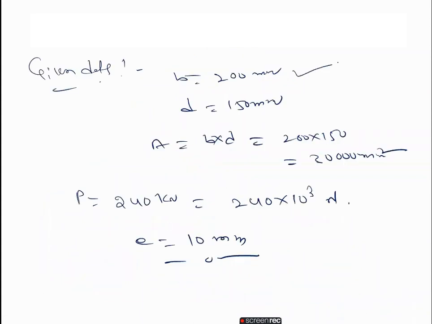The given data is B and D, from which we calculate the area, 30,000 mm square. We know the eccentric load P, 240 kilonewtons, converted into newtons as 240 into 10 cube. The E value is 10 mm.